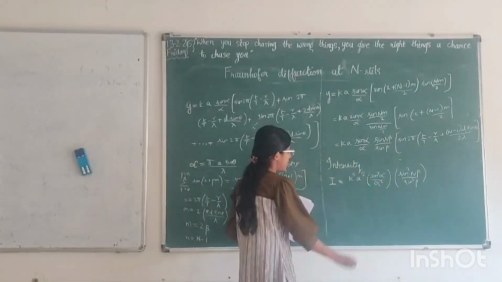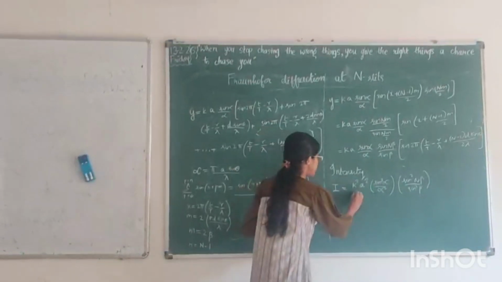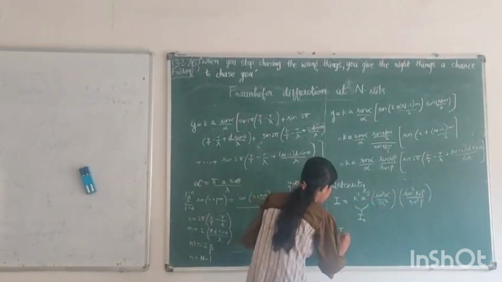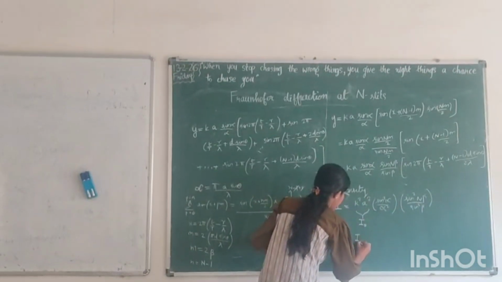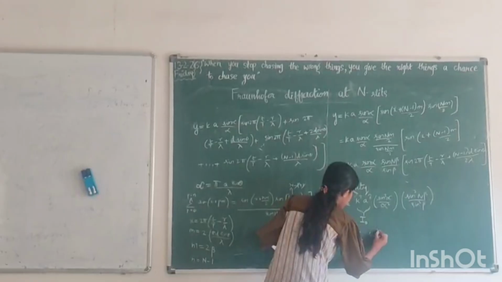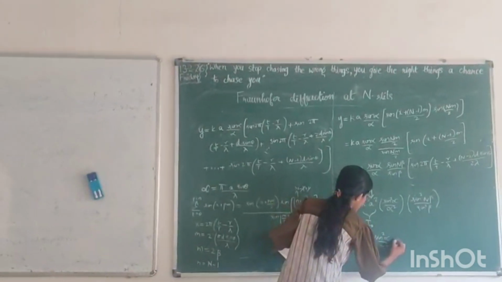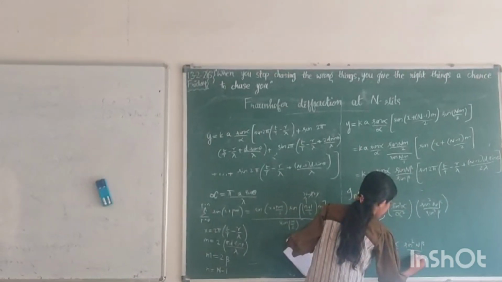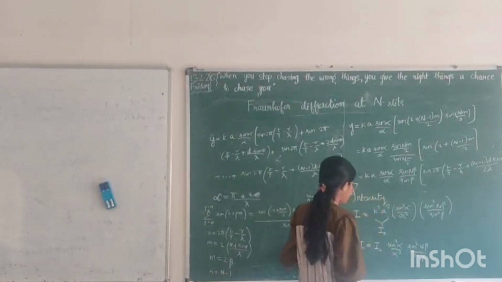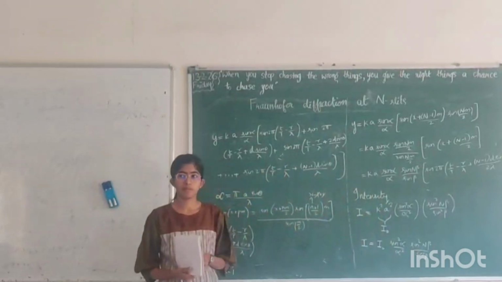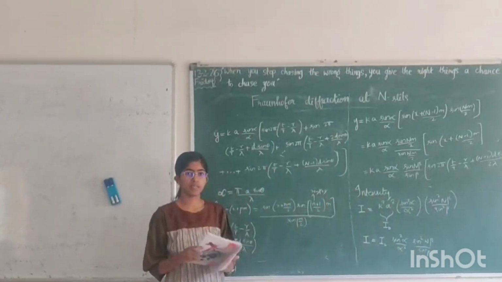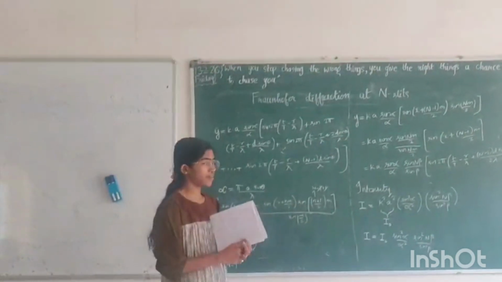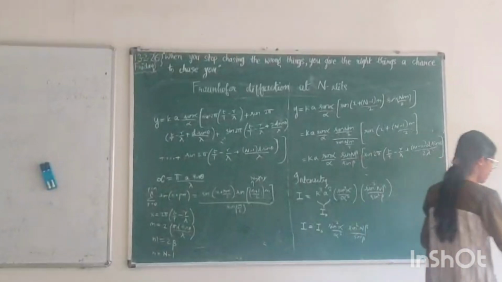Now this A square is equal to I0, so intensity is I0 sin square alpha by alpha square into sin square n beta by sin square beta. So this intensity will be maximum when alpha and beta are both equal to 0. So we will find the intensity of the principal maximum.